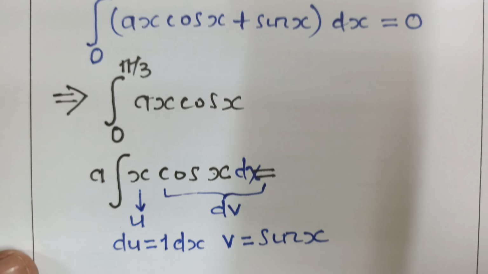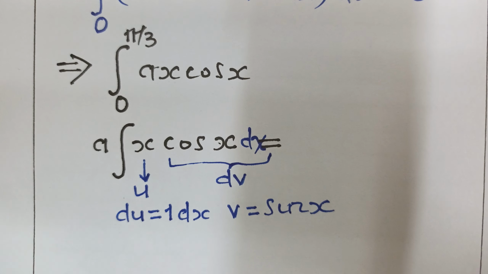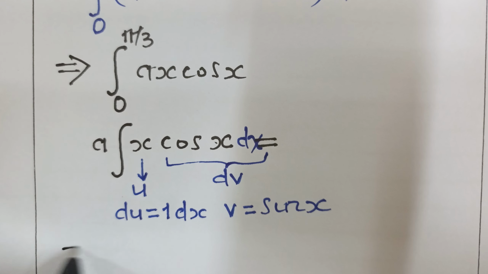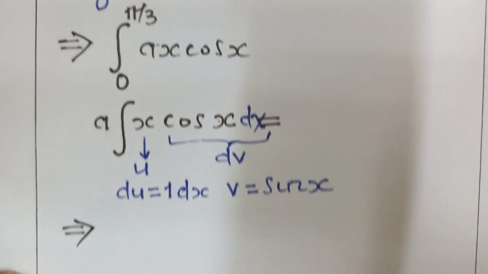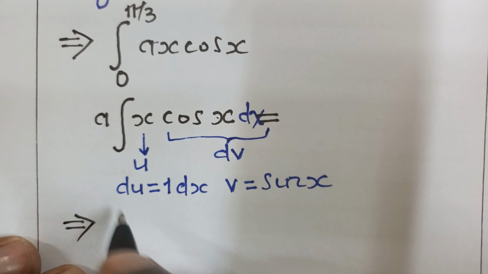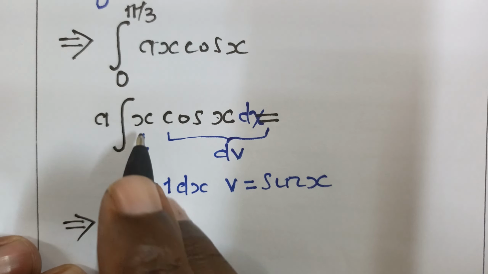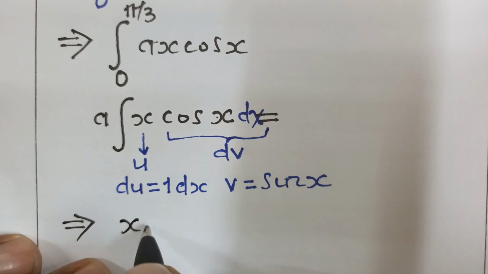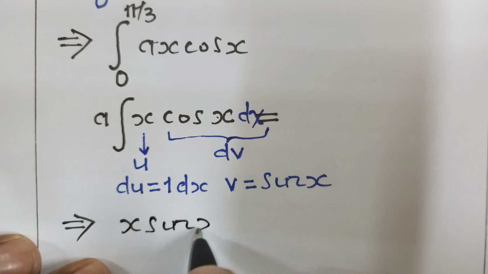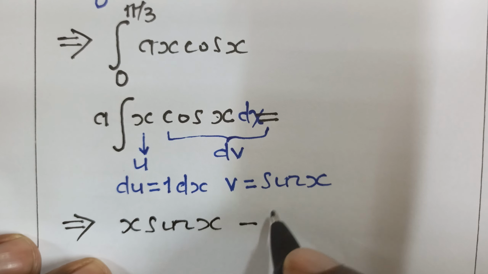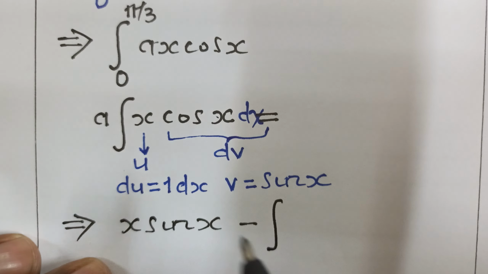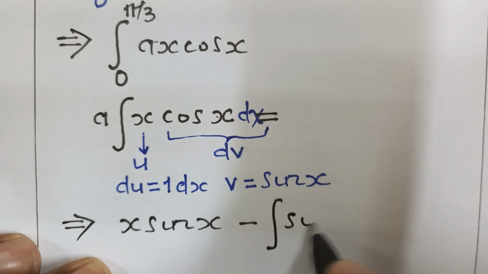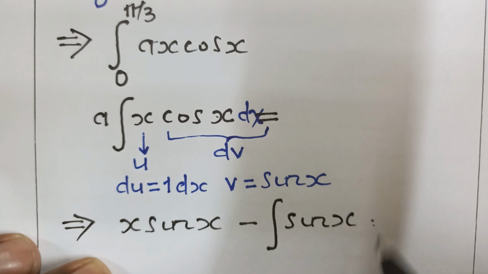And now guys, I now use the method of integration by parts. And so therefore, guys, I'm going to have uv, which is x sin x, minus the integral of v du. This is now going to be sine x.